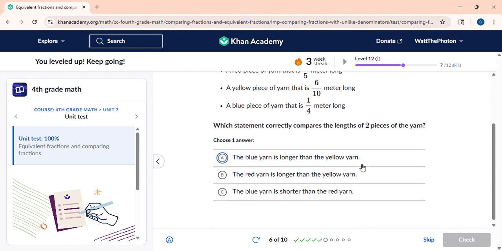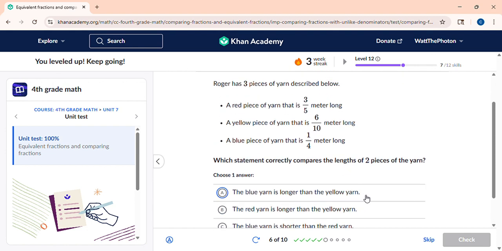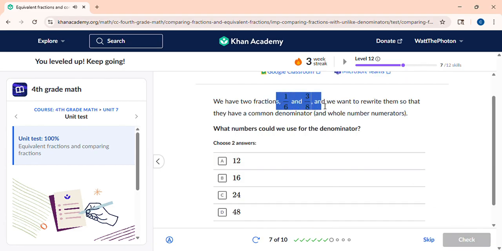The blue yarn is longer than the yellow yarn. No. The red yarn is longer than the yellow yarn. No. The blue yarn is shorter than the red yarn. Correct. 1, 6, 3/8. We want to rewrite them so that they have a common denominator. What number could we use for the denominator?